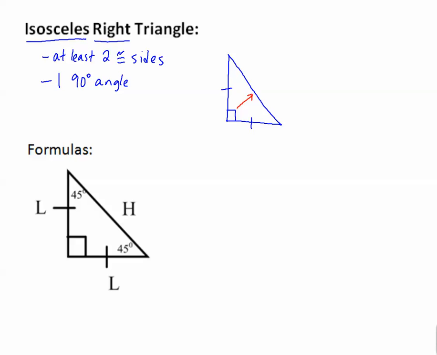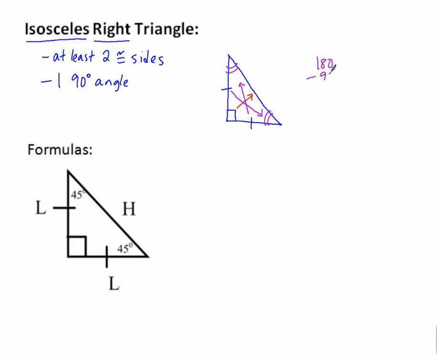In that same sense, across from these two congruent sides is an angle that is congruent to the angle that's across from the other congruent side. If those two angles are congruent and all of these angles have to add up to 180 degrees, well, I already have one that's 90.